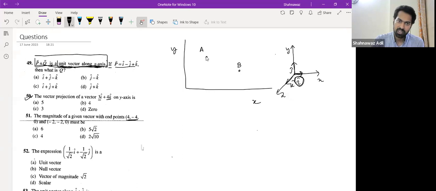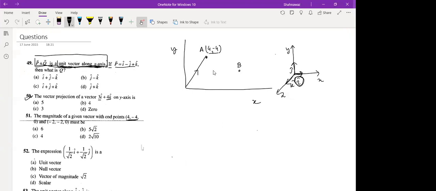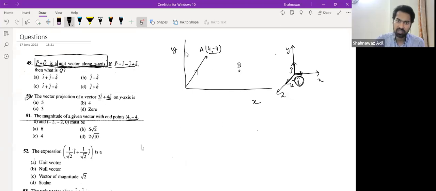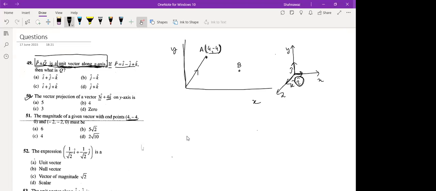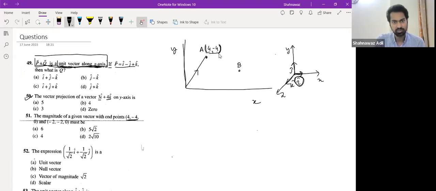If A is 4, -4, what vector will represent this position? J cap? J cap means this is only in the Y direction. Is this point only in the Y direction? No, sir. So this has X part and Y part only. The Z part is 0.